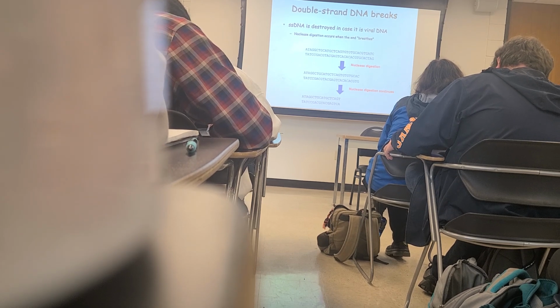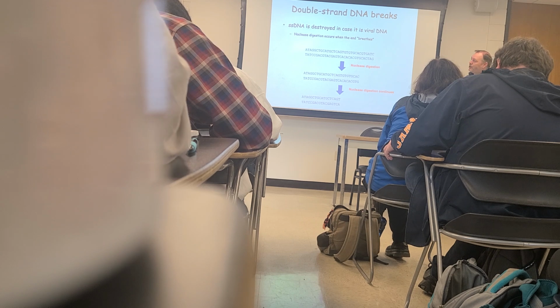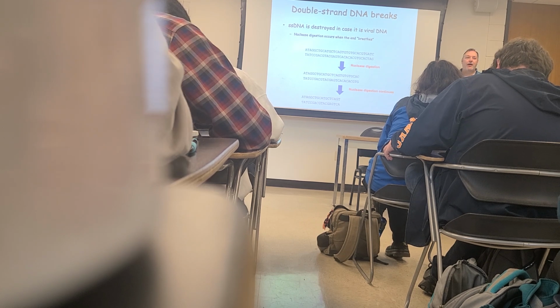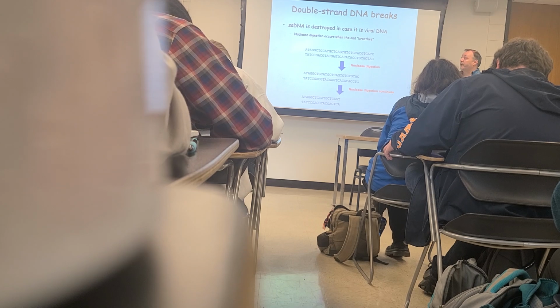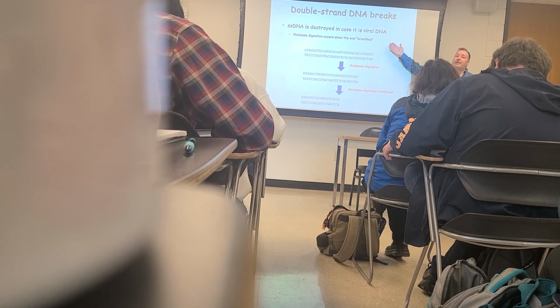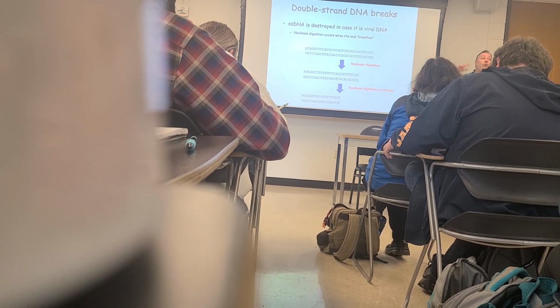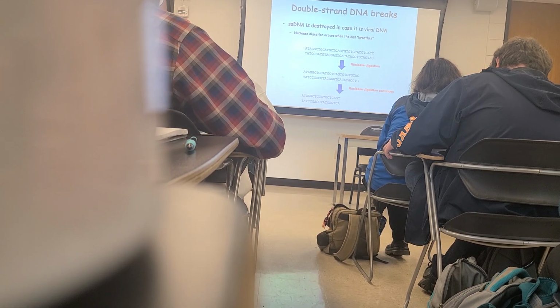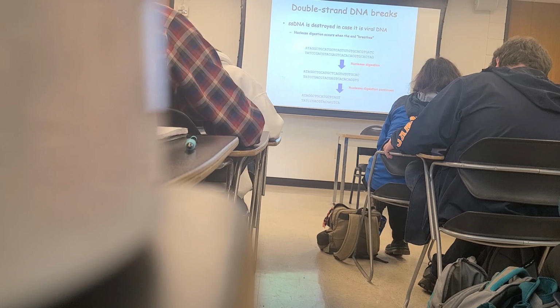Now luckily there's a way that we can get this back to normal-ish fairly easily, and there's a way that we can put a band-aid on it and hope for the best. Those are the two ways that we can deal with things. The reason the cell does this is because single-stranded DNA is considered to be viral or foreign DNA, which we want to keep from causing us damage.